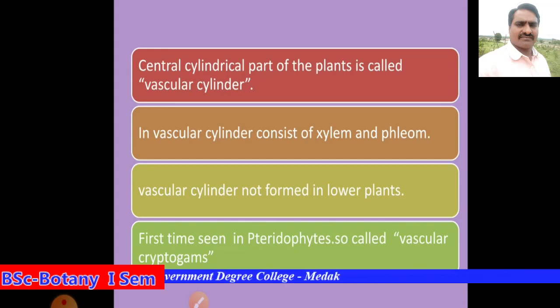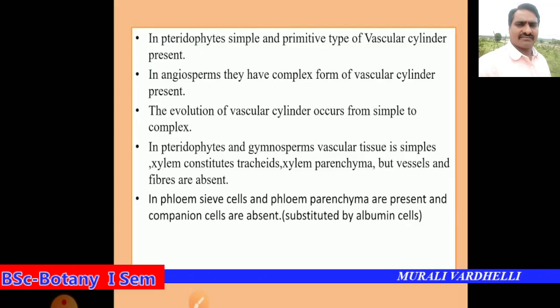So in these cryptogams, for the first time, they have conducting tissue, that is vascular tissue. The first vascular tissue-bearing plants are pteridophytes, so they are called vascular cryptogams, right?